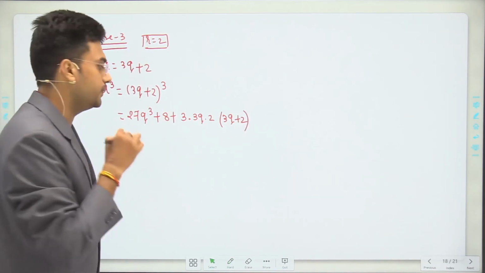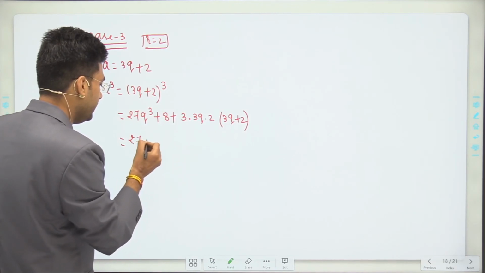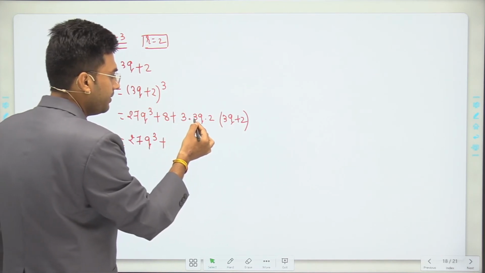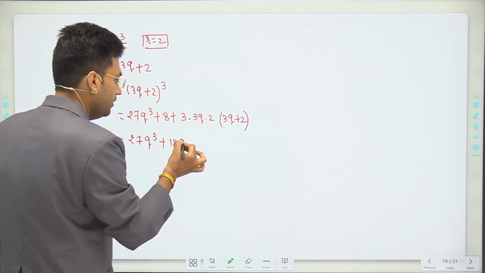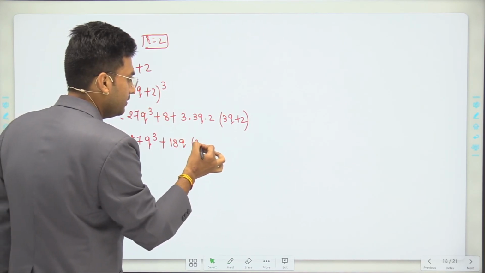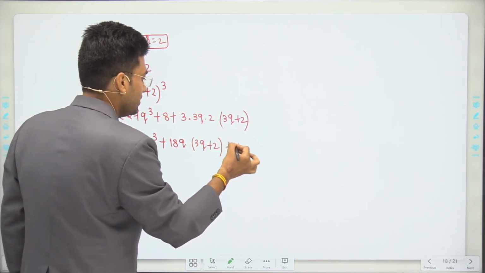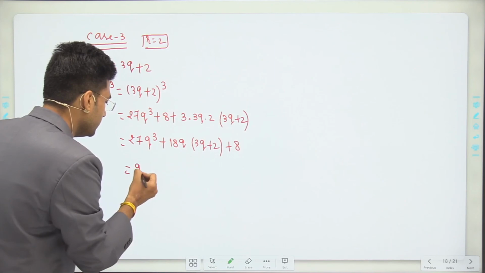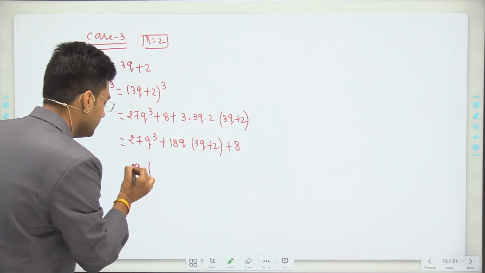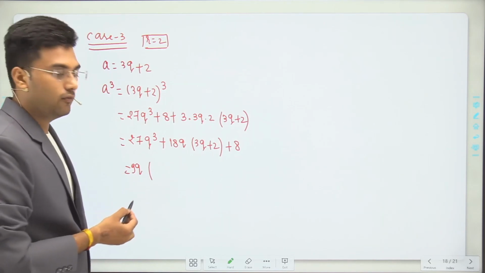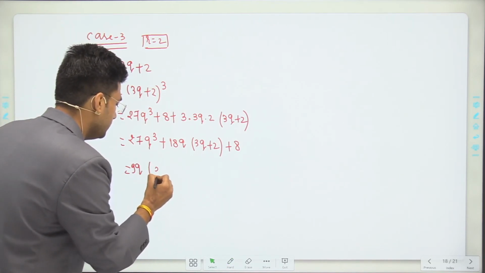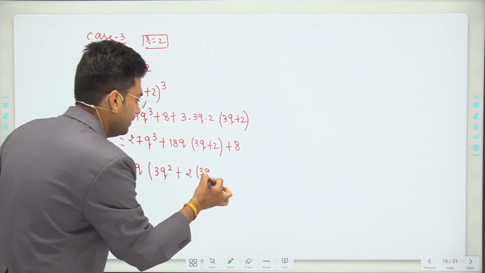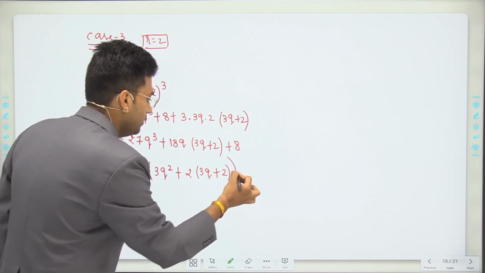Okay, now it is equal to 27q cube plus, we arrange this term here, 3 multiplied by 3 is 9, 9 multiplied by 2 is 18q multiplied by 3q plus 2, plus 8. Clear? Now we can take 9q common from these two terms, so it is equal to 9q multiplied by 3q square plus 2 multiplied by 3q plus 2, plus 8.